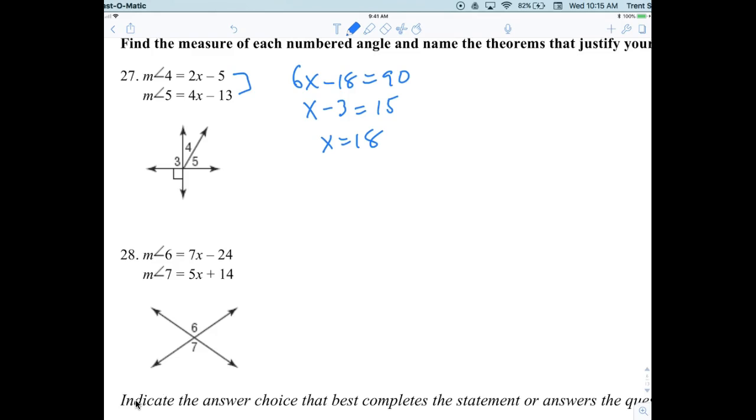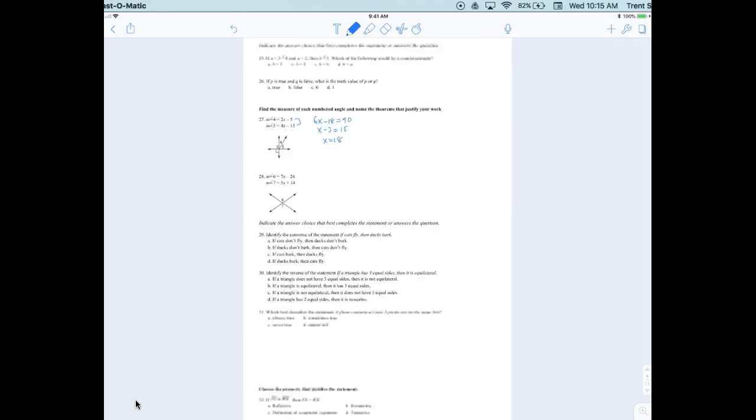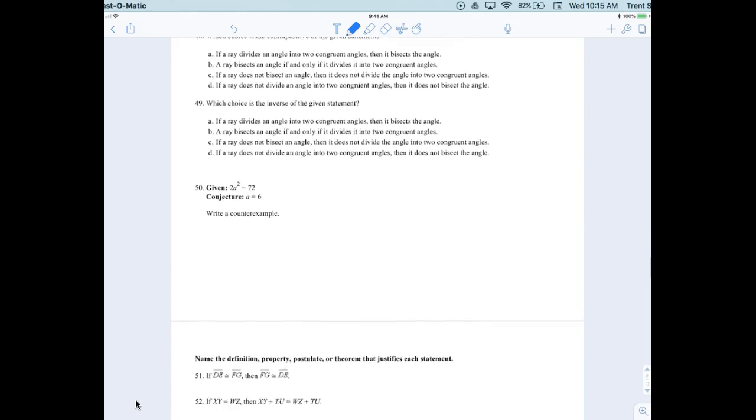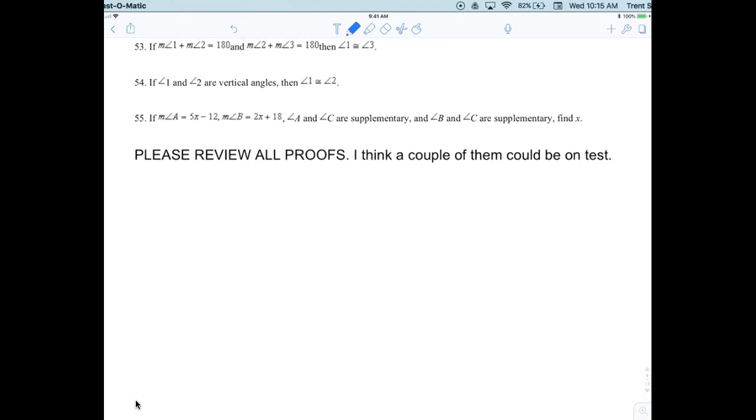All right? Naomi, what? 55. Let's take a look at 55 real quick. Okay, measure A is that, B is that, A and C are supplementary, and B and C are supplementary.